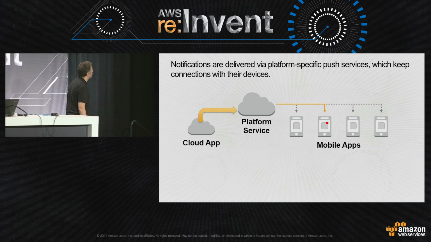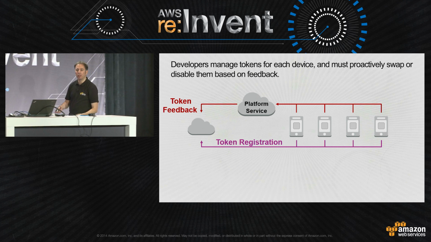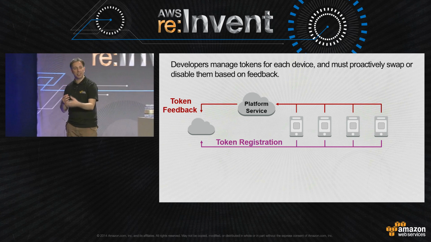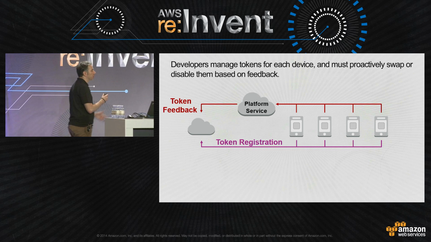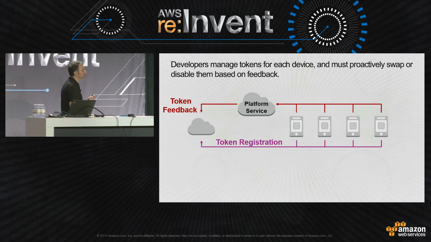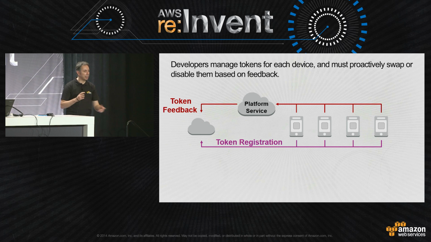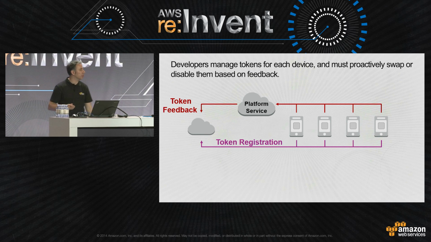So this platform service will have some peculiar features, and you will have to register the device to the platform service and listen to the feedback, because this is somehow similar to email. So the platform service will send messages, but will also give you feedback, like this device is not responding, is not listening to messages, and so I am disabling this device, and you have to understand what is happening, maybe send in your application, try to resubscribe the user, so it's always not easy to manage.